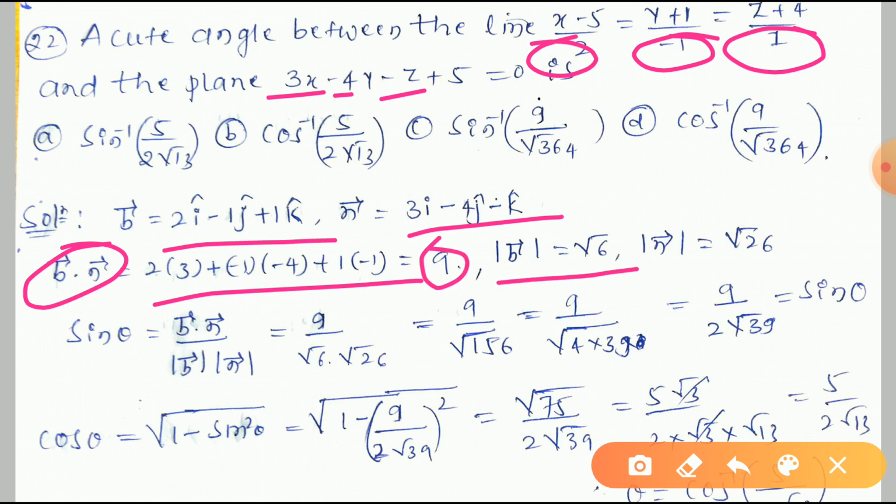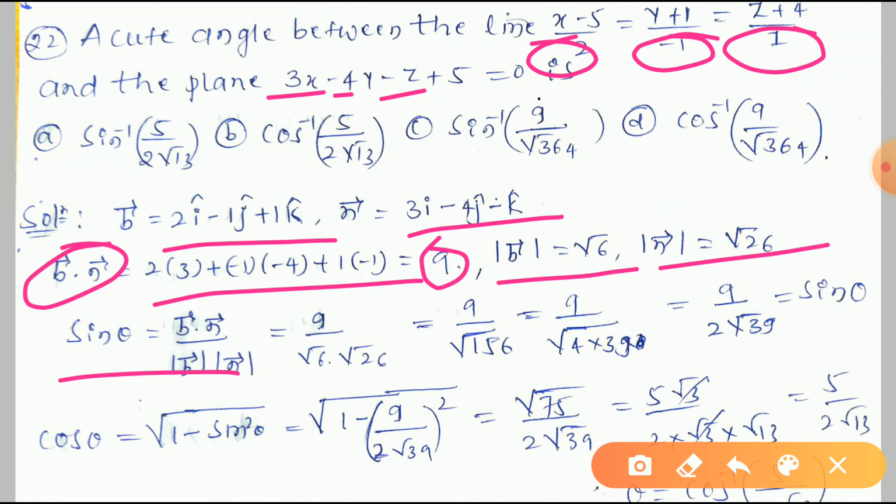Magnitude of vector b is equal to square root of 6, magnitude of vector n is equal to square root of 26. We know the standard result: sin theta is equal to b dot n divided by magnitude of vector b into magnitude of vector n.